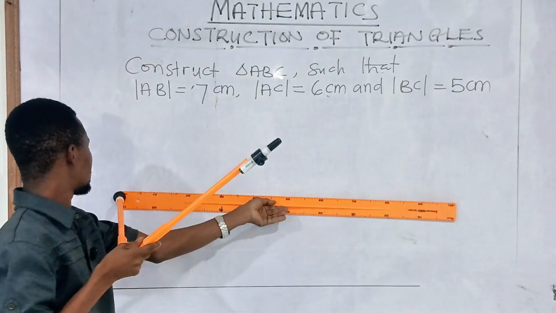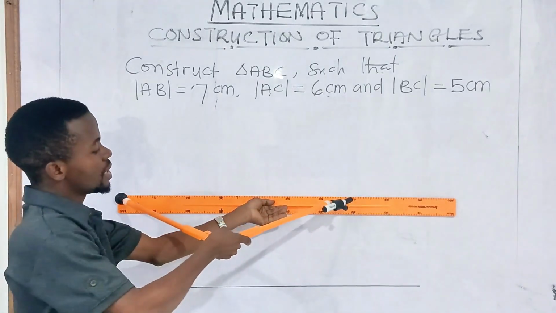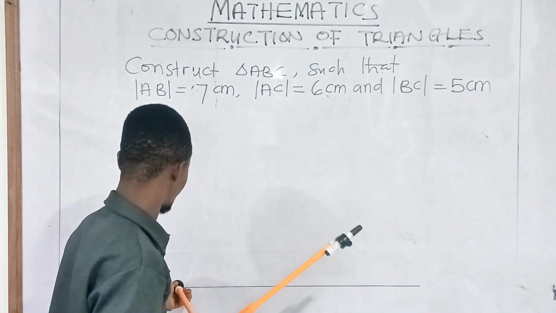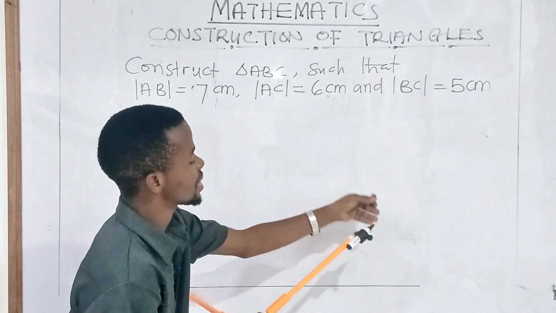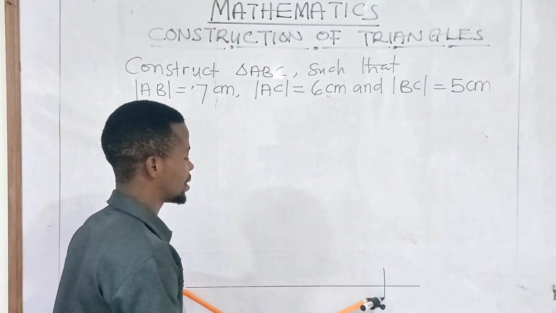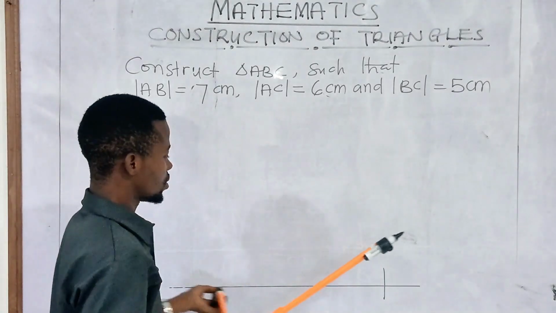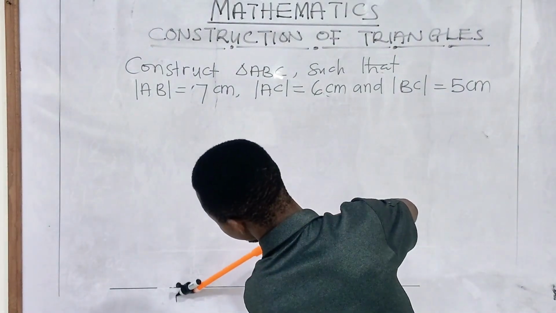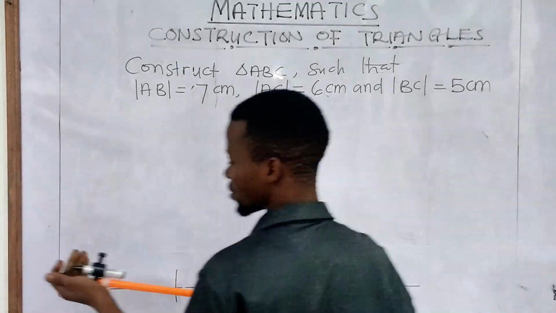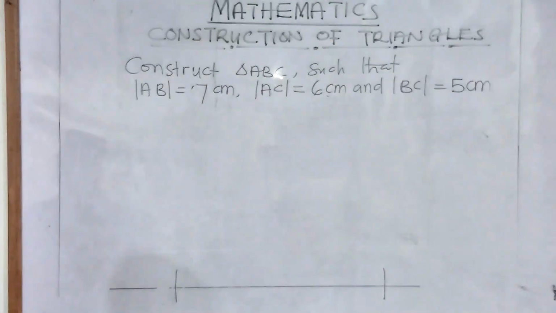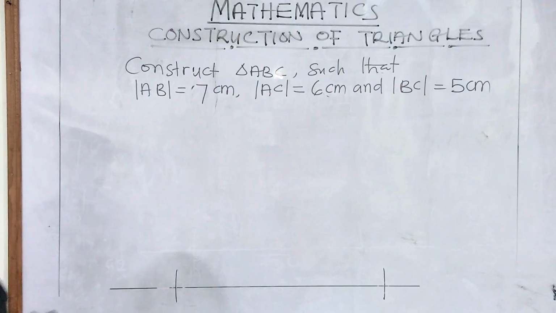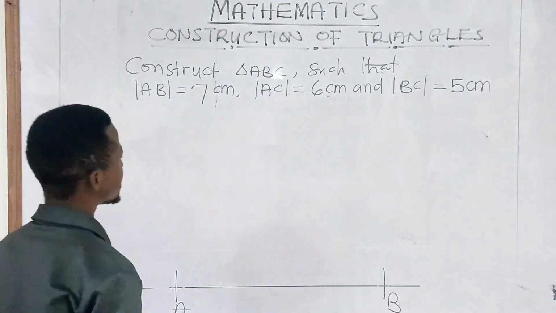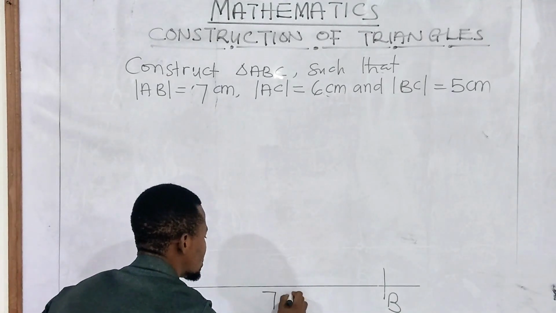You stand at 0, then you open your compass to 7 centimeters. You stand at one end, then you make an arc like this. Then you go and stand on that arc, and you make another arc here. You name your line segment A and B, and the length is 7 centimeters.